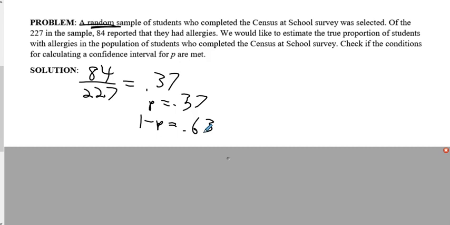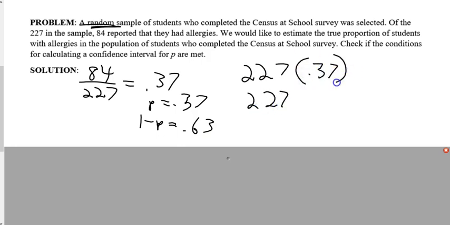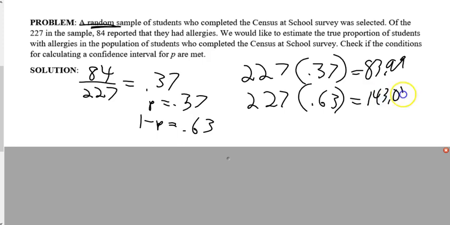The rest of the question says, check if the conditions are met. Okay. All we have to do is take the 227, n, times our candy and our change. As long as both of those are greater than 10, we're good to go. Well, here we get 83.99, and here we get 143.01.